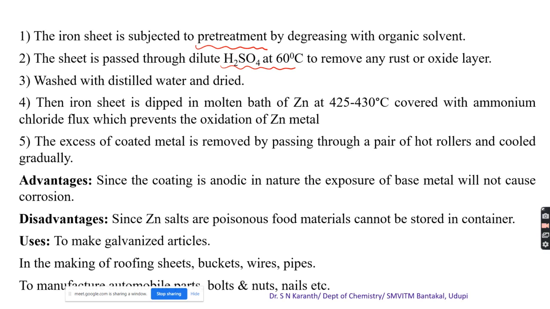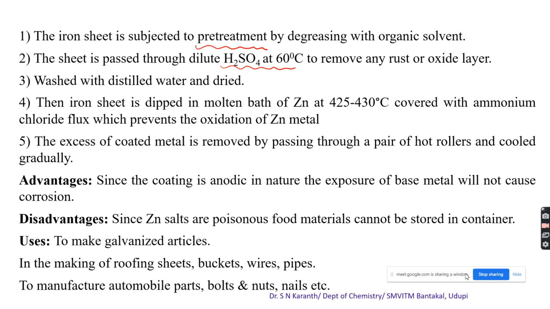The disadvantage is that zinc salts are poisonous to food materials. Like in acidic conditions, if you use a component like citric acid, it gets poisoned. So that's why it cannot be used for storing food material.